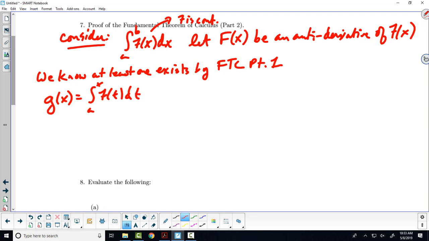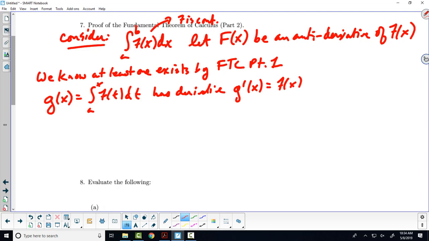What's the derivative of this function? We could label it as g prime of x, but what is it? It's the underlying function f of x, right?